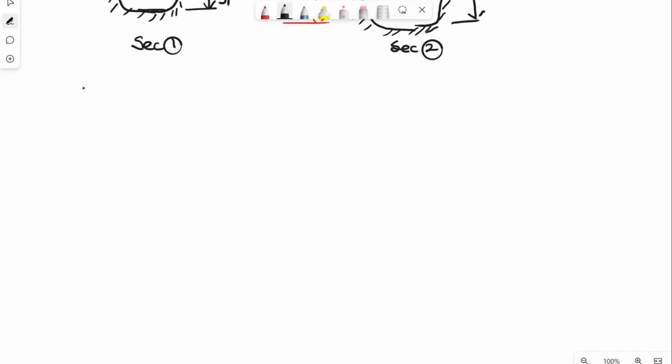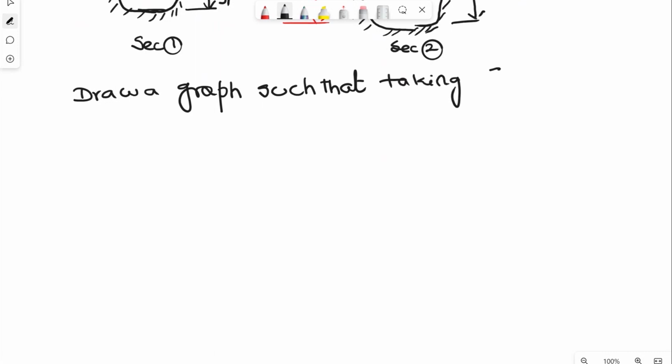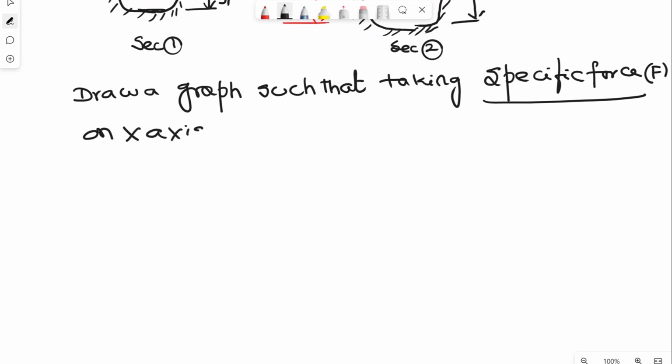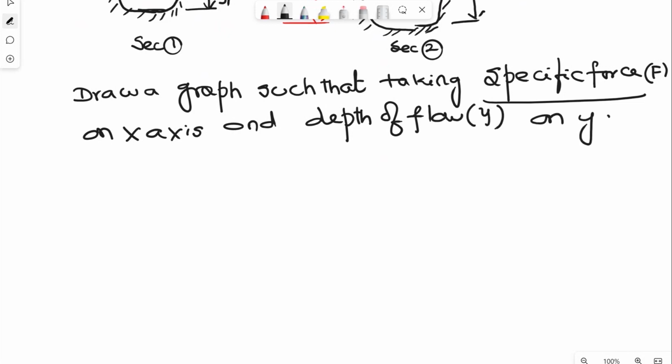Now what I told, draw a graph such that specific force F is on the x-axis and depth of flow on the y-axis, right?